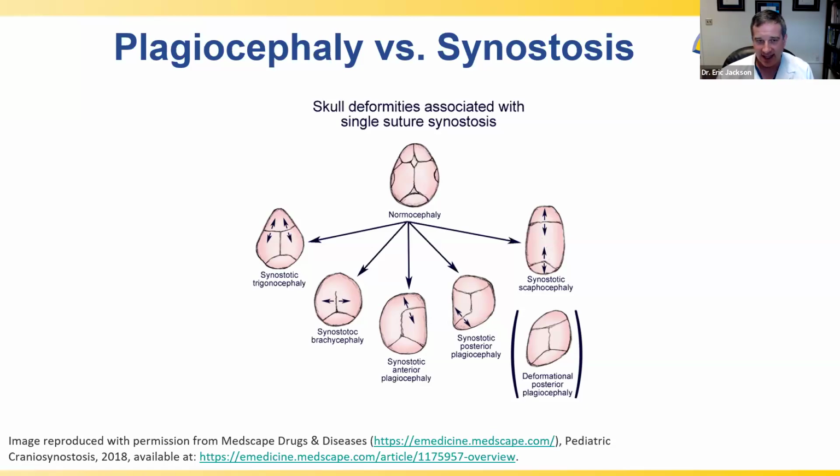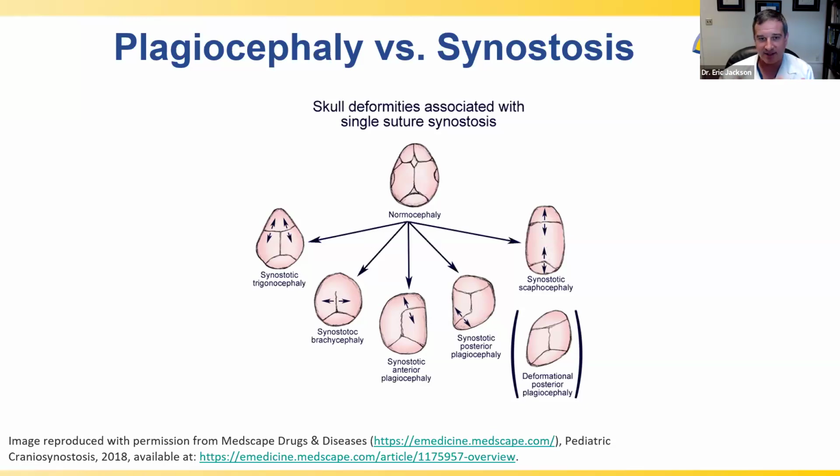But the easiest thing and the way I tend to separate it is for deformational positional plagiocephaly, if you're laying on the back of your head, then that side is going to get flat as the head grows. Typically, the ear on that side is going to get pushed forward, as is the forehead on that side. So going back to high school geometry, you're going to get a parallelogram.